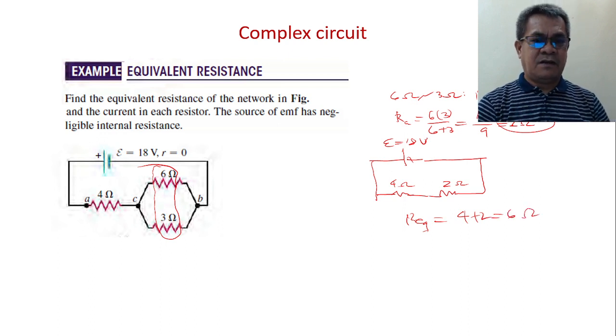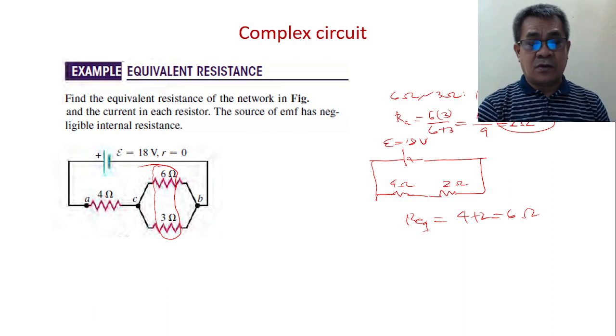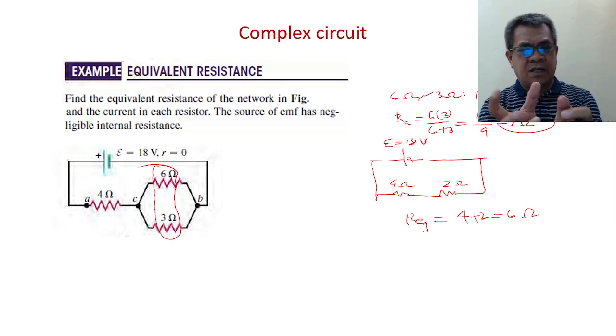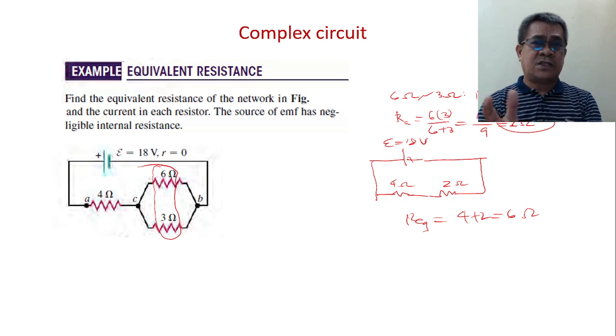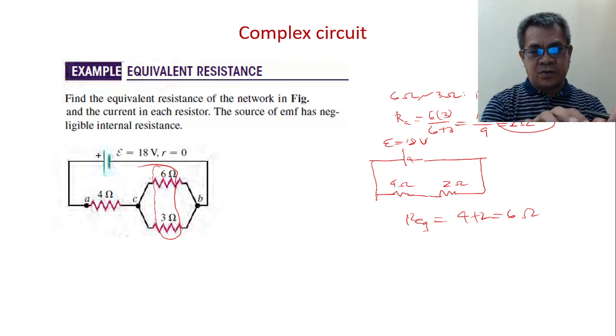Okay? No matter how complicated the circuit, all you need to do is combine the innermost circuit. So look for the inner. When you say inner, it should be the connection that can easily compress into one. Then you have to construct the drawing again.